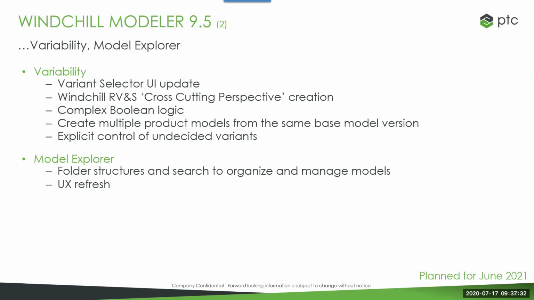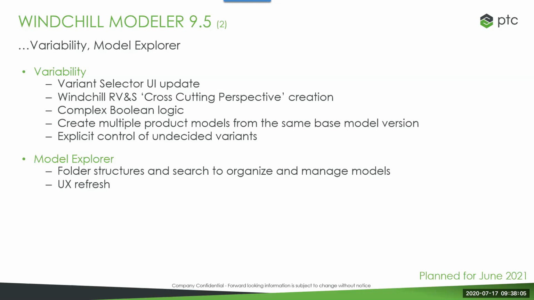So what we want to do is use the variability engine in Modeler to create a filtered or a product model in Modeler with all of the variant choices made and the product filtered and pruned, and then use that filtered model to drive a selection of RVNS requirements. So we can basically baseline a model and say, okay, what are all the requirements that are being implemented by this model?